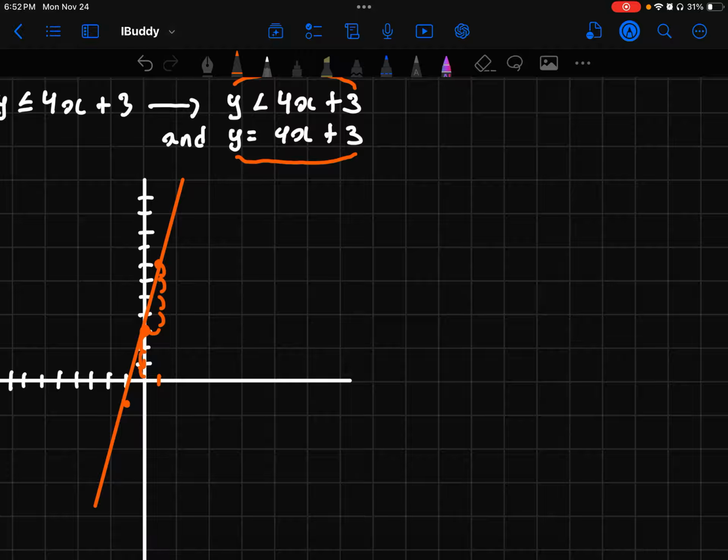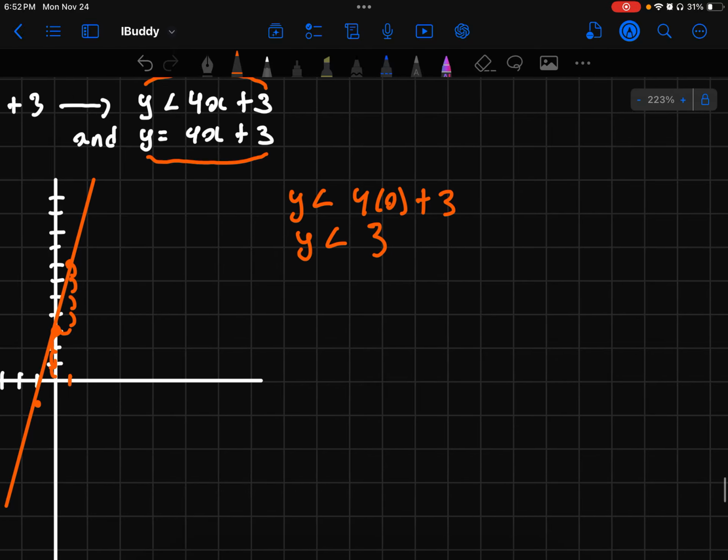But now how do we show that y is less than 4x plus 3? What we basically do is set x to 0. If we set x to 0, y is less than 4 times 0 plus 3, so y is less than 3. That means y will be less than 3. Now let's try a different value.